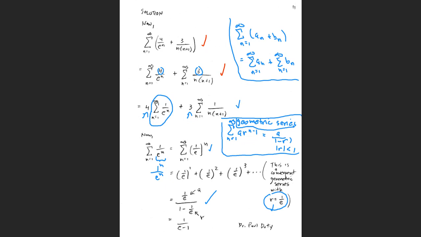I can make things a little prettier by multiplying top and bottom by e, and if I do that, I'll get 1 over e minus 1. So the first series was a geometric series that converged, and we know its sum. Are there any questions on that?